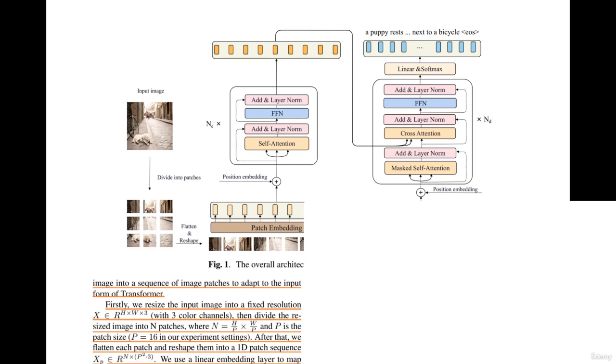Note that this image, which is of dimension, say, batch size by height by width by channels, that's the number of channels, can be passed directly into this transformer encoder right here.